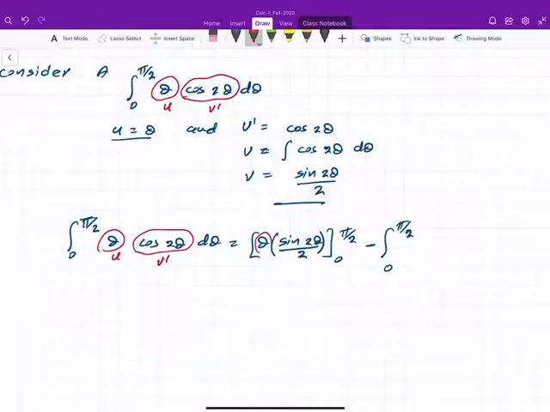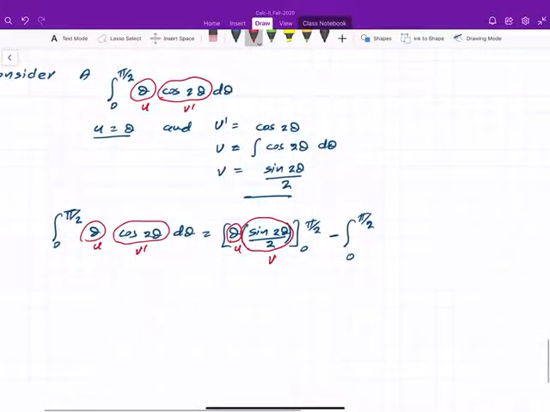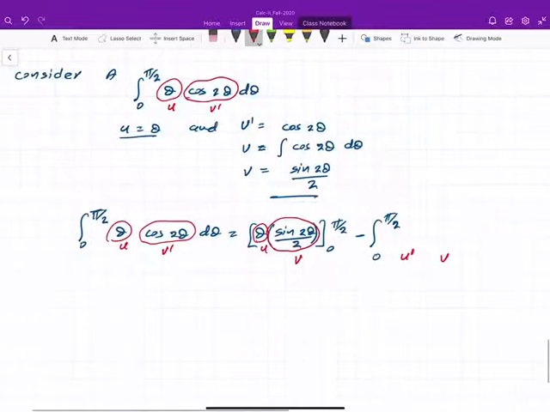This is u, that is v. Then here that should be u prime and v.